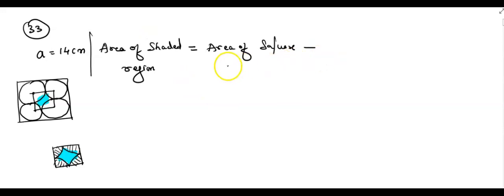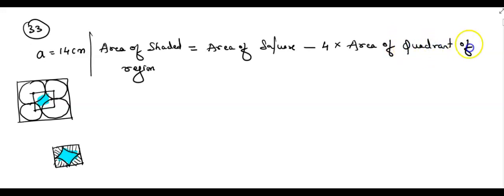That is what I am doing here. From the area of square, remove 4 times the area of a quadrant. Quadrant means this is one part of this circle. This part is one part. Can you see this, which I have just marked with the lines? That is 4 times the area of a quadrant of a circle.